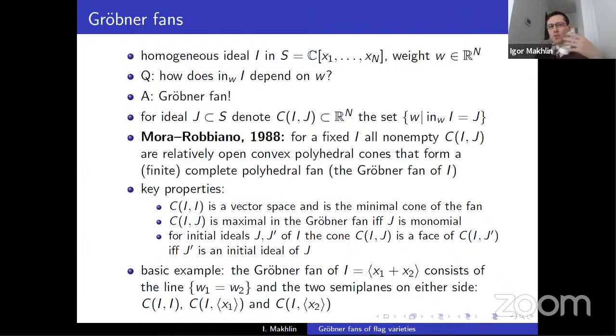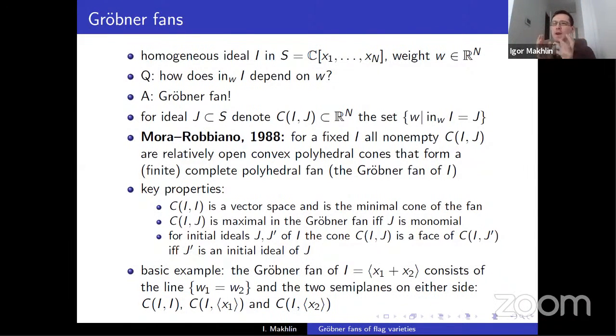Before I list the key properties, one thing that is completely obvious is that these equivalence classes are cones. I did not write this here, but obviously, if you take W and multiply it by any positive number, the grading of any monomial will be multiplied by the same number, and so the initial ideal will not change.